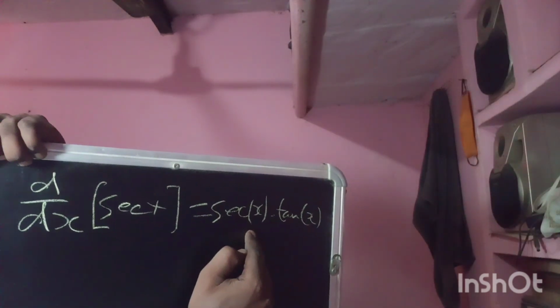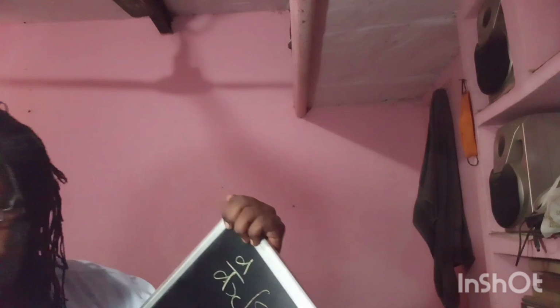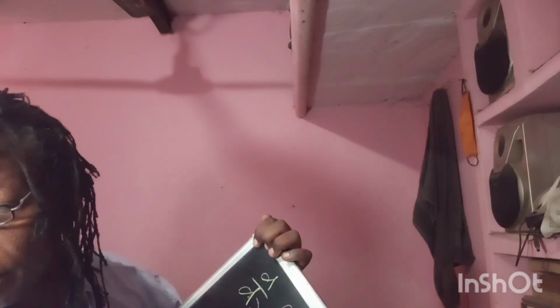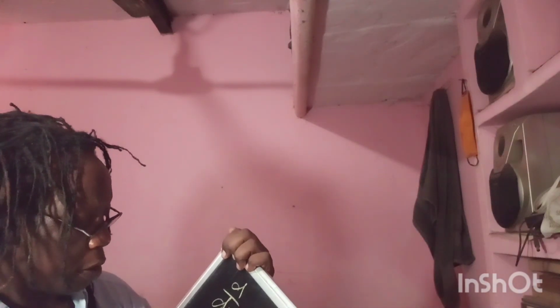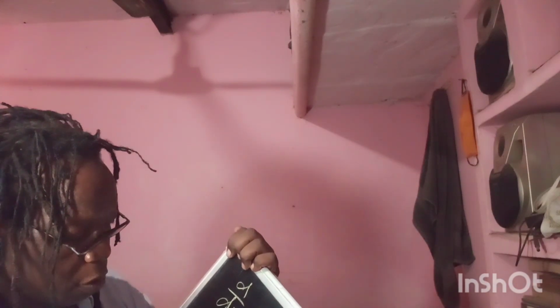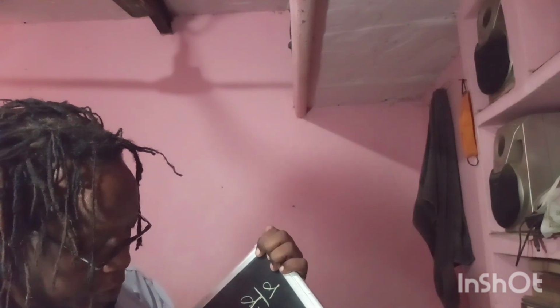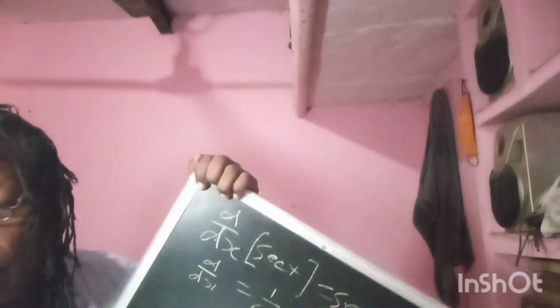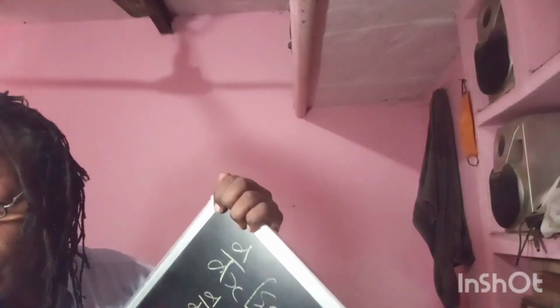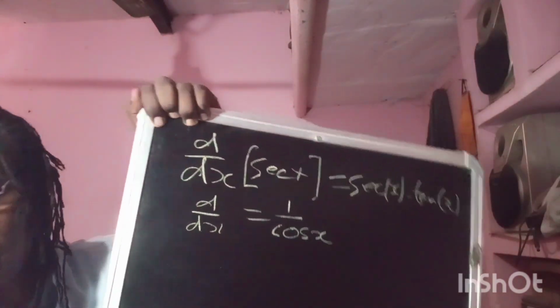See what I've written. Now we know that secant x is the same as this over this, will be written as 1 over cosine x. Okay, 1 over cosine x.